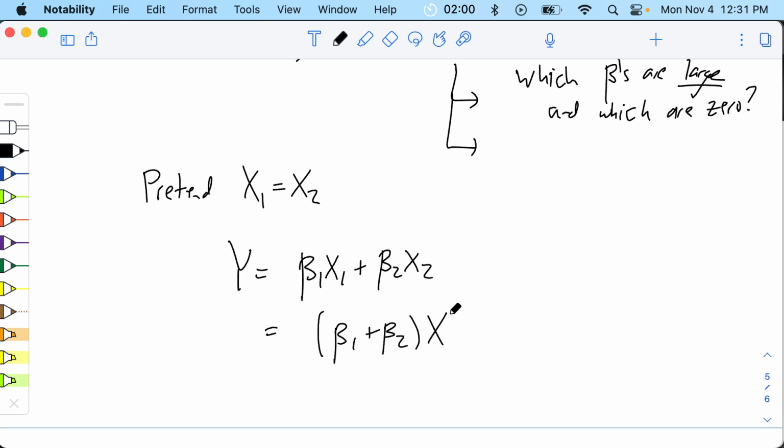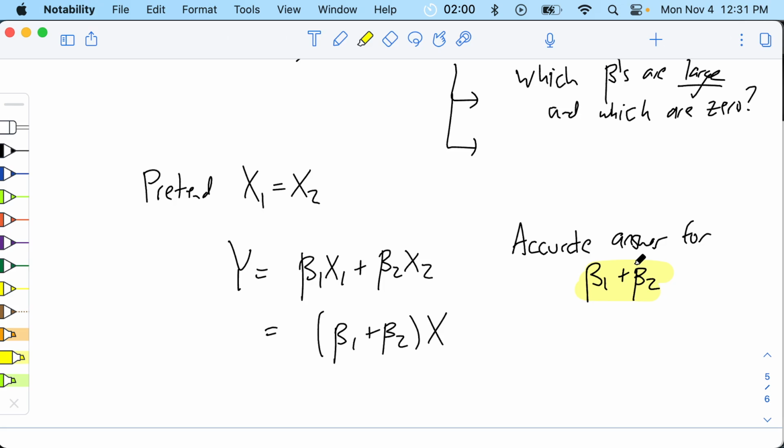Even so, your model can give an accurate answer for beta 1 plus beta 2. The amount that the inputs affect y is beta 1 plus beta 2, and that might be fine.